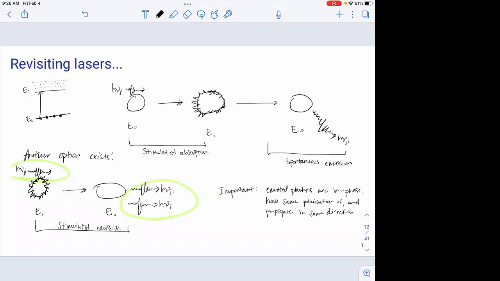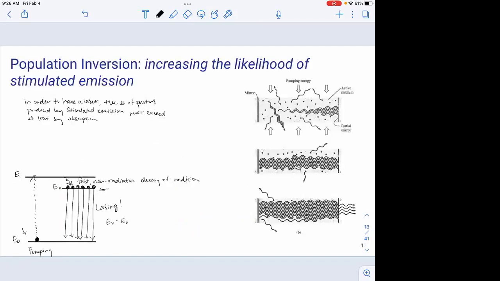We could do this if we could pump the lasing medium to increase the total number of electronically excited atoms so that they were greater in number than the atoms of electronic ground. And so we're going to go through stimulated absorption. Hopefully, if we had enough of a population inversion, we would not have spontaneous emission, but instead have stimulated emission. All right, so hopefully that's a quick review.